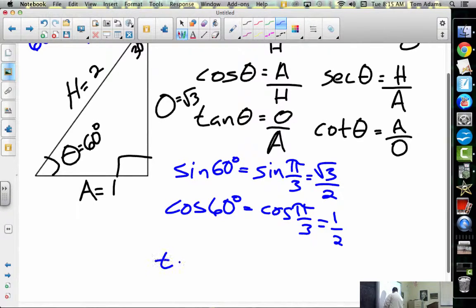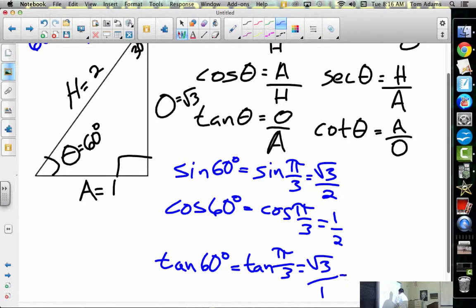Tangent of 60 degrees is equal to tangent of pi over 3, which is equal to the opposite over the adjacent, which is root 3 over 1, which is root 3.